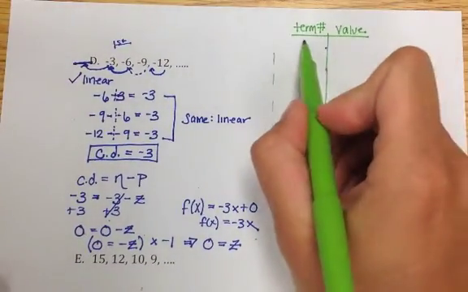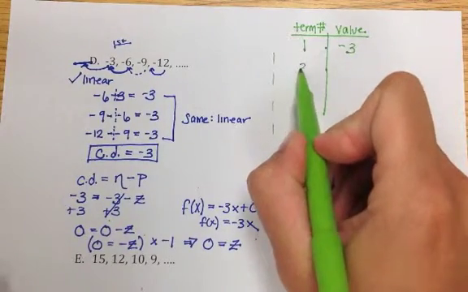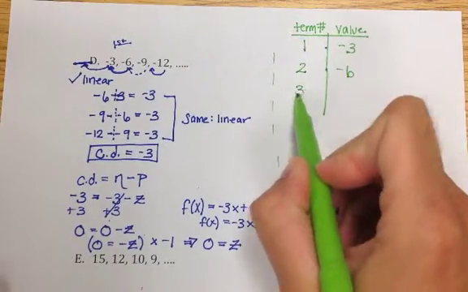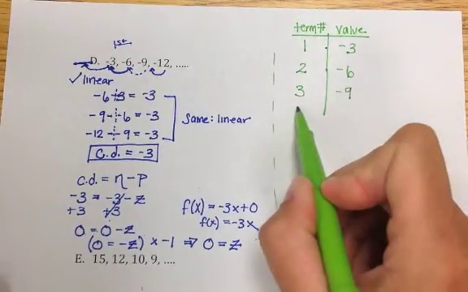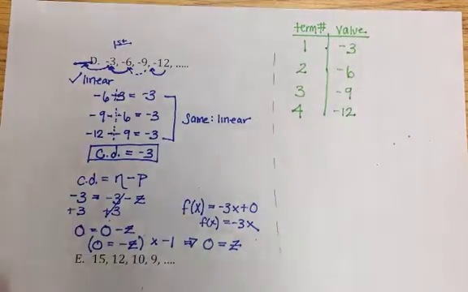So the first term has a value of negative 3 in your sequence, the second term has a value of -6, the third term has a value of -9, and the fourth term has a value of -12.